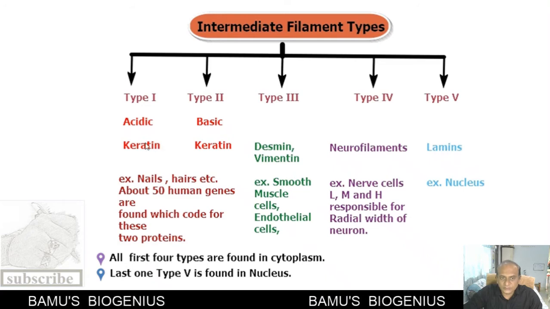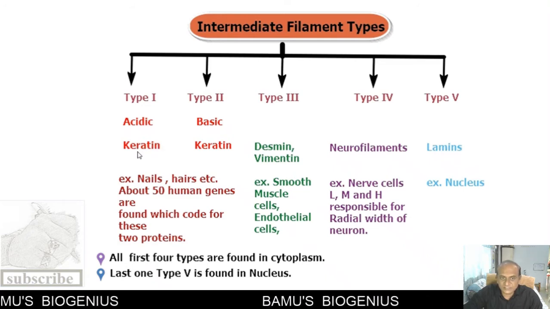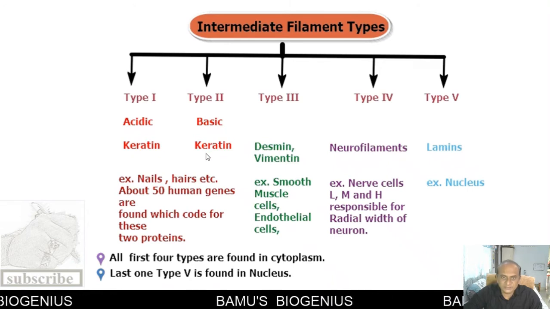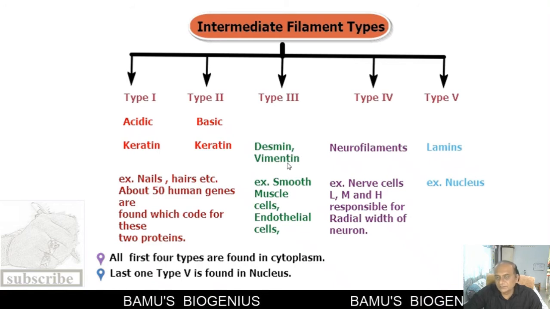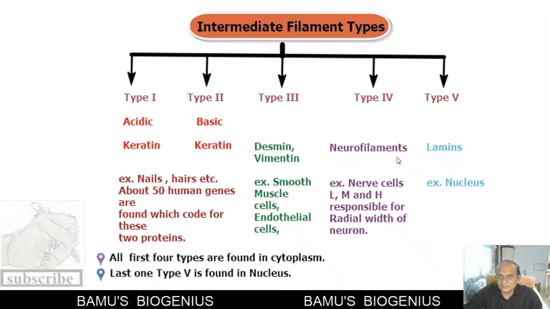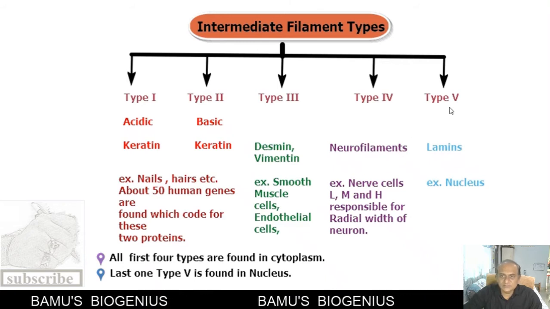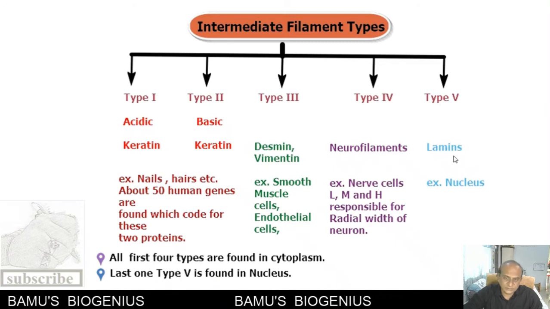So the fibrous protein involved in the formation of type 1 and type 2 intermediate filaments is keratin. Whereas in case of type 3, the protein is desmin or vimentin. Type 4 is the neurofilaments, which are found in the nerve cells, and type 5 is lamin protein.